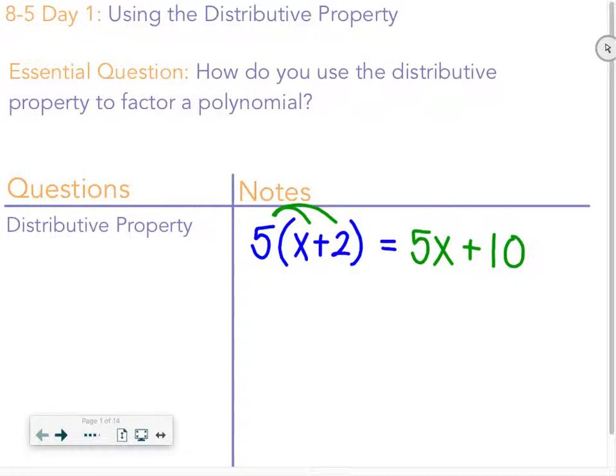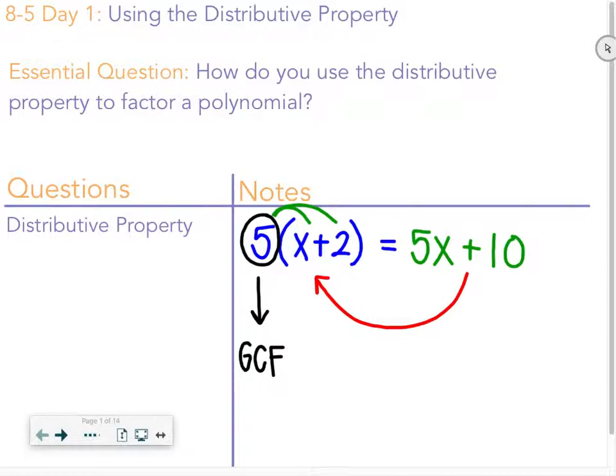What we are going to do in this lesson is go from our answer back to where we would have started. And the way that we are going to do that is by finding the GCF of the problem, and then what is left will go inside of our polynomial.